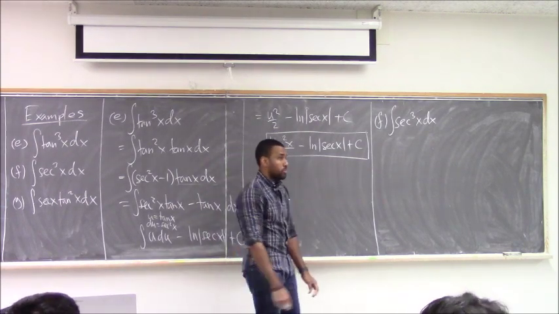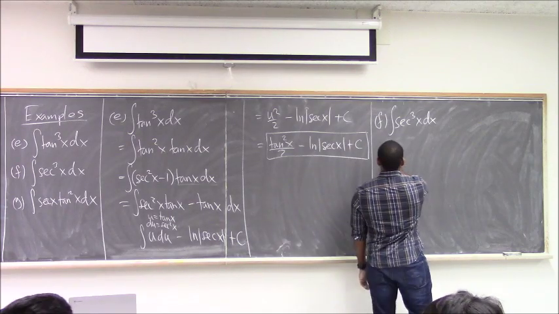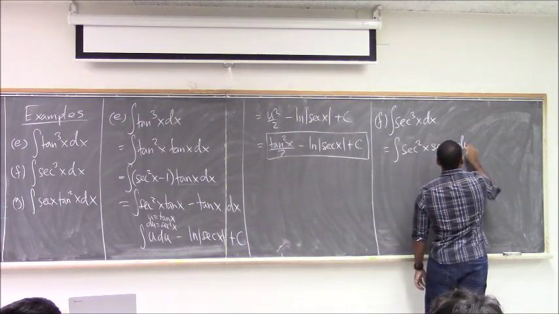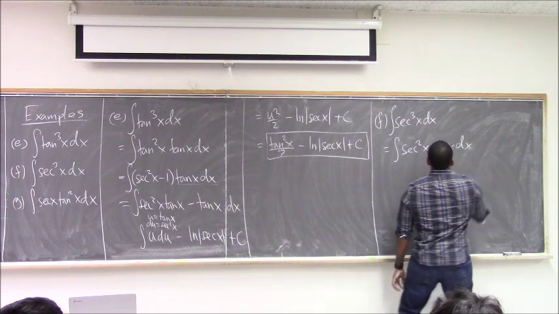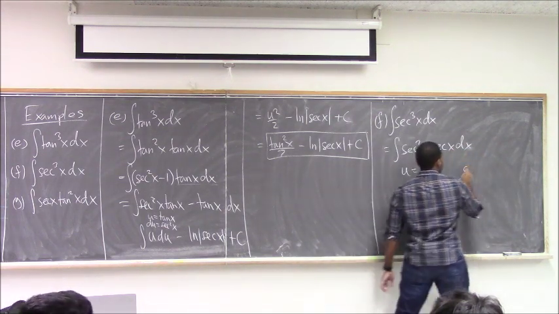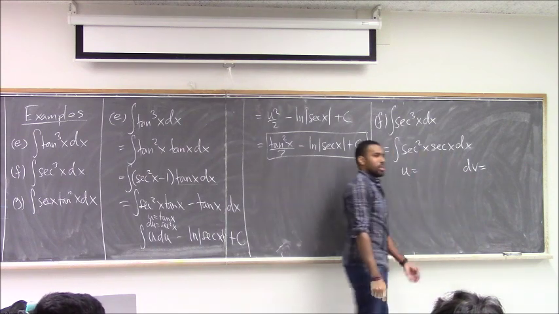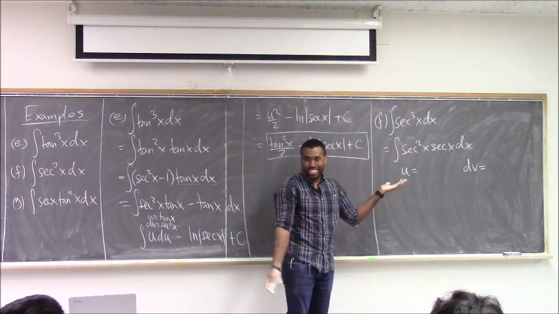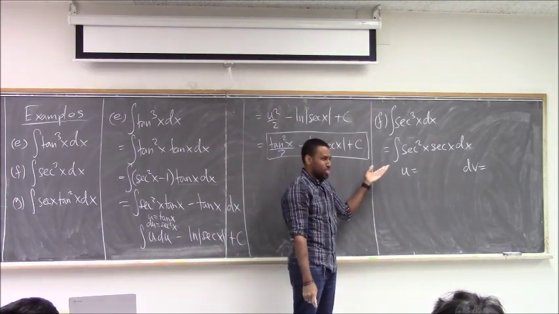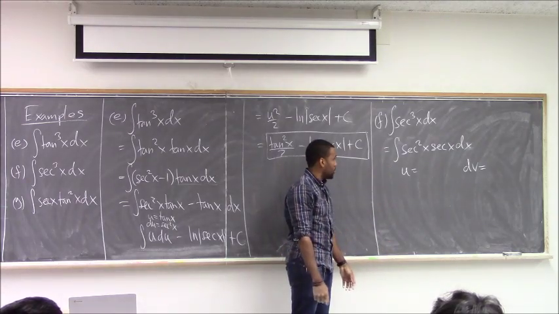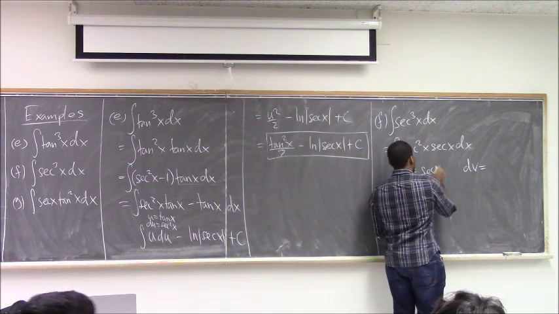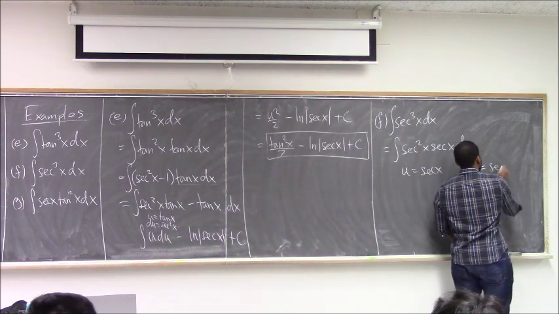Separating between secant squared x and secant x, you're going to choose your u and your dv. Notice in this case, LIATE is no help whatsoever, so that's the first thing that's really weird about this. You want your u to be secant x and your dv to be secant squared x.